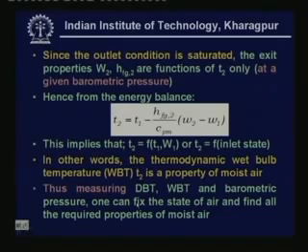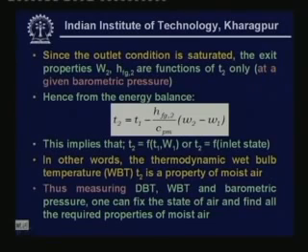Since the outlet condition is saturated, the exit properties W2 and hfg2 are functions of temperature T2 only, at a given barometric pressure. Hence, from the energy balance, T2 is equal to T1 minus (hfg2 by cpm) times (W2 minus W1).